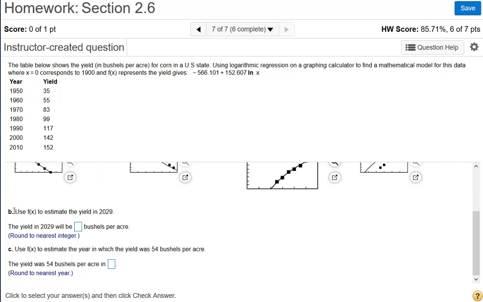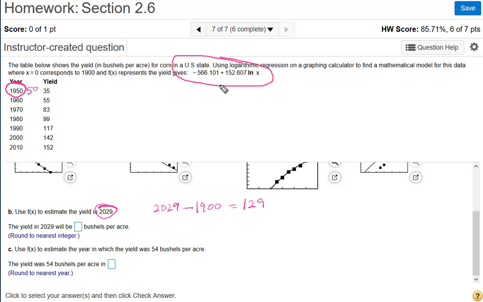The B choice in the problem says use the function, that means this, to estimate the yield in 2029. So, from what I said in the beginning, 1950 is actually 50. 1900 is the starting place for x's. That means 2029 and 1900 would give 129.